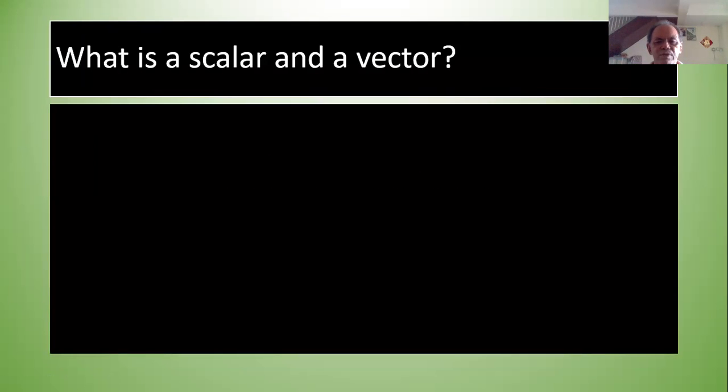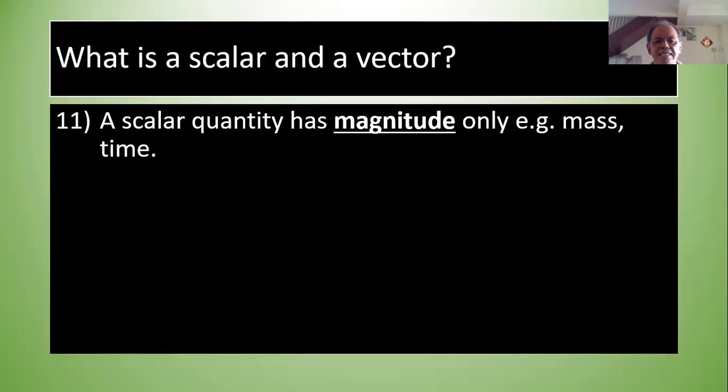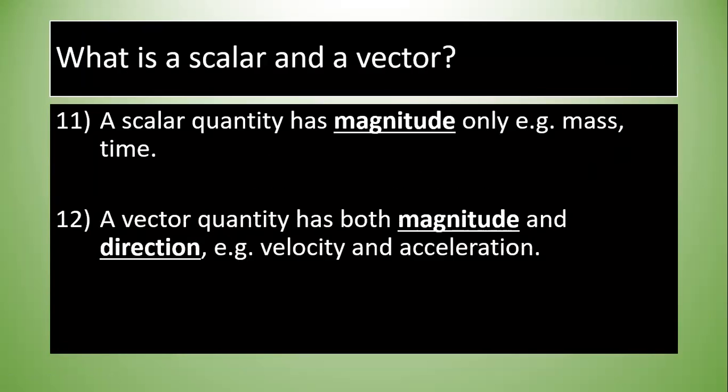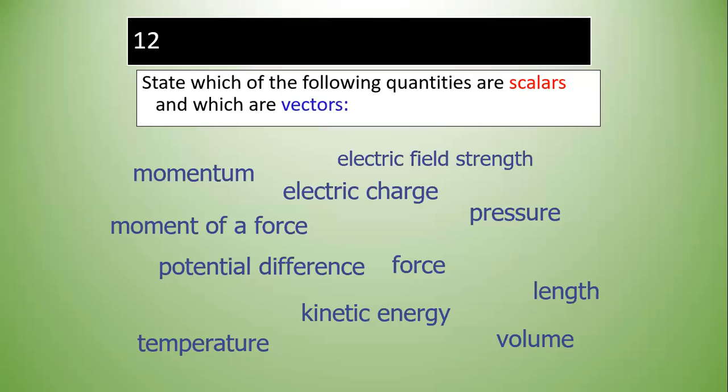What is a scalar and what is a vector? A scalar has magnitude. Examples: mass, time. You can think of others, can be speed, can be distance. A vector quantity has both magnitude and direction. Examples: velocity, acceleration, force.